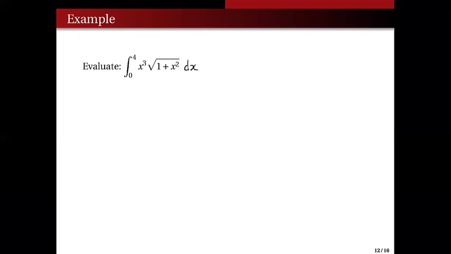So I will bring back the original variable x. In a sense, I can just work on the integral of x cubed times the square root of 1 plus x squared dx.